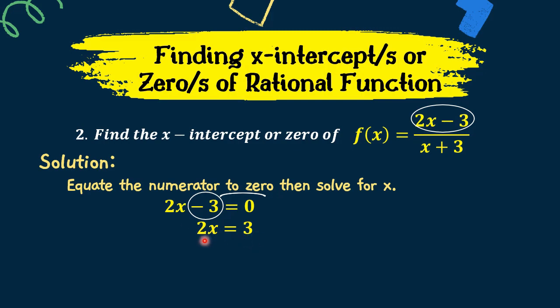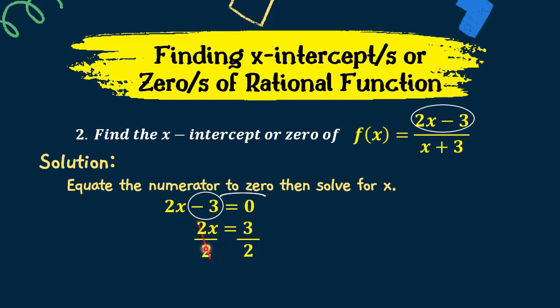Therefore, we have a new equation, 2x equals positive 3. To solve for x, we have to eliminate the 2, so we divide 2x by 2. If we divide by 2 on the left side, we also have to divide by 2 on the right side of the equal sign.